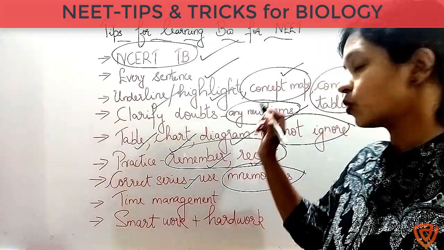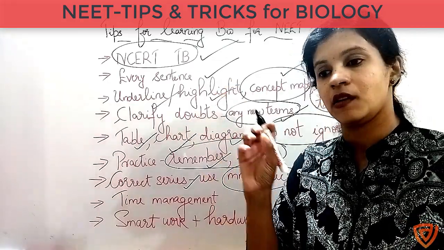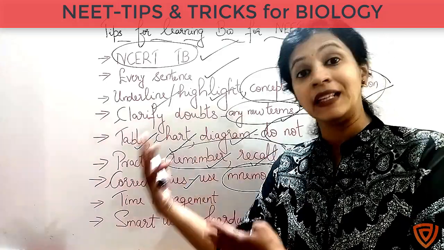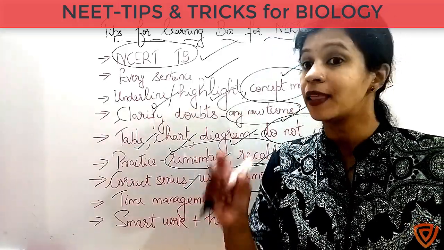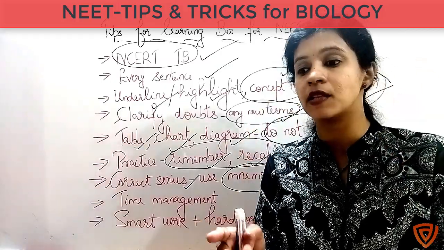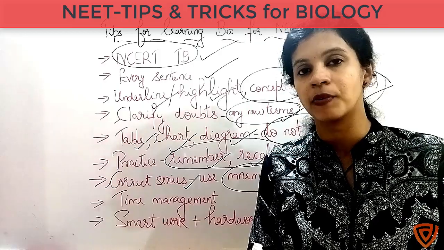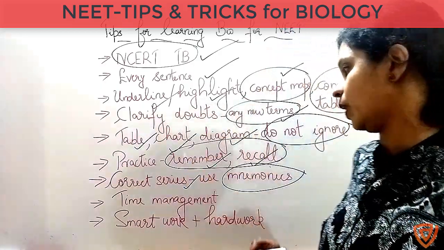Just write the first letter of all these things and make something comfortable for you. You can relate them to some names, some incidents, or something comfortable for you, and then note it down. Don't rush it for the time's sake, but make sure it is done properly and you remember it. Make a note of all those things and keep moving.